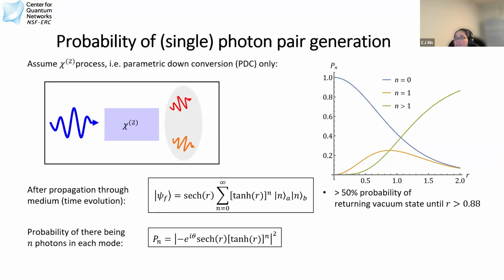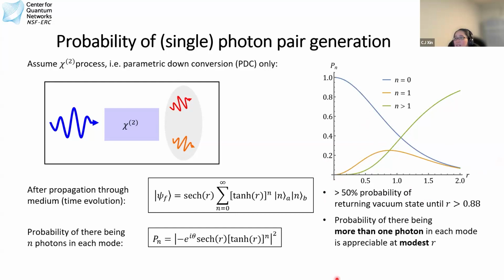The reason it starts turning over is that the probability of there being more than one photon in each mode starts becoming appreciable at modest r. And this is summed over the probabilities of all the n's, all the way up to infinity. In this case, what we note is that only the orange, n equals 1, is actually useful for heralded single photon sources.